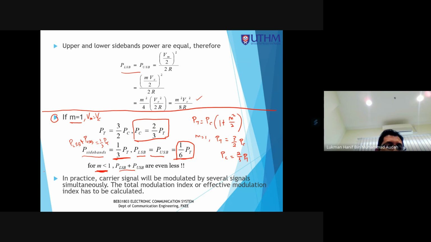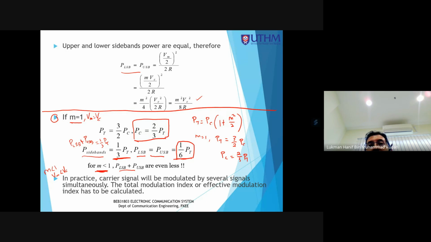Why? Because if M is less than 1, that means Vm is less than Vc. For that reason, we're going to have a much lower power for the sideband.